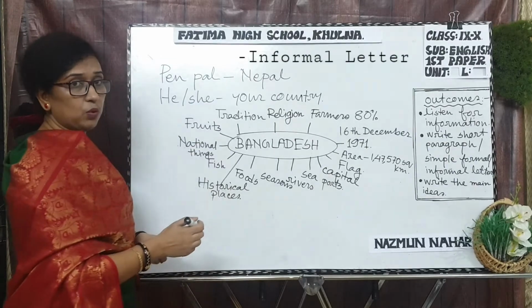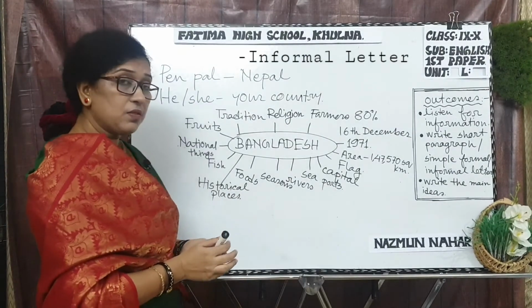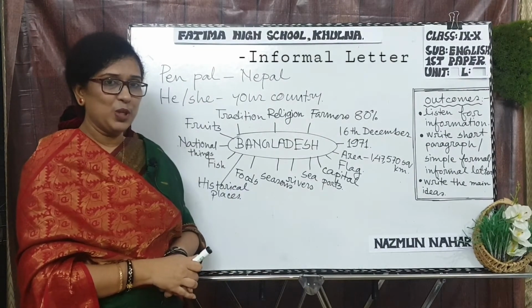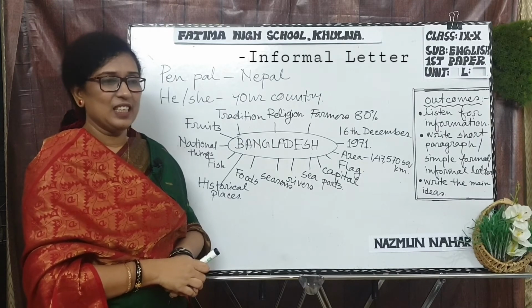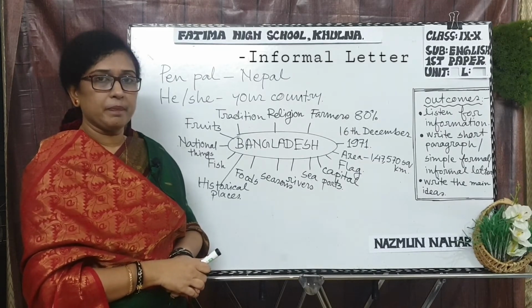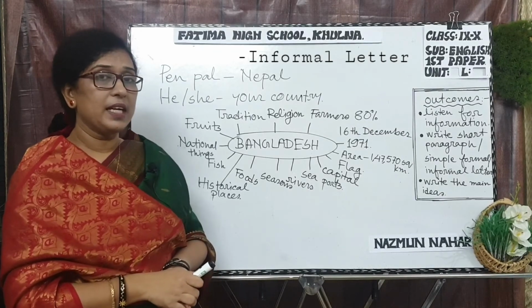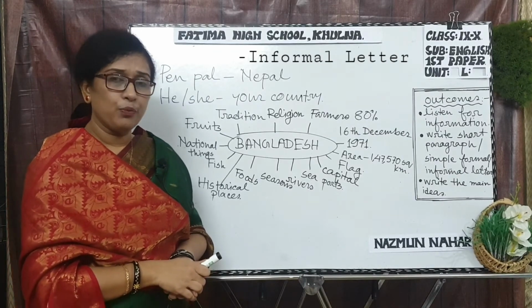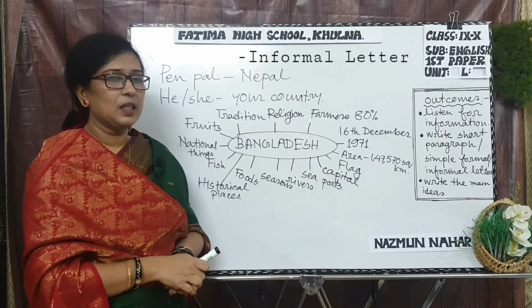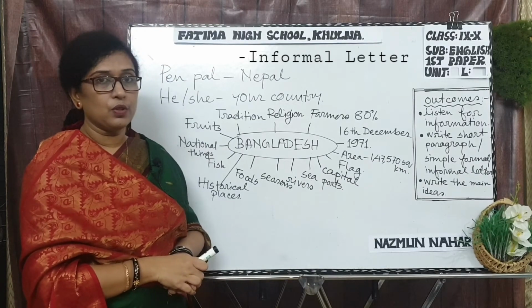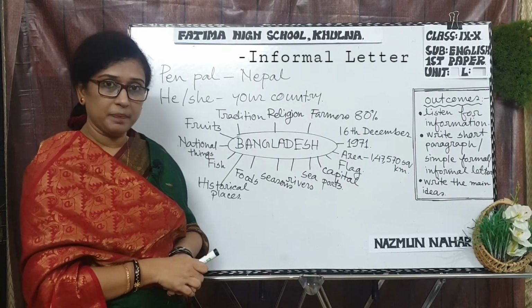As we are from Khulna, if he or she visits Khulna, first we will take her to our Shat Gambuz Mosque, because this is a World Heritage Site, and we know that it got World Heritage status in 1985. We also have the biggest mangrove forest, the Sundarbans, and it is also in Khulna.